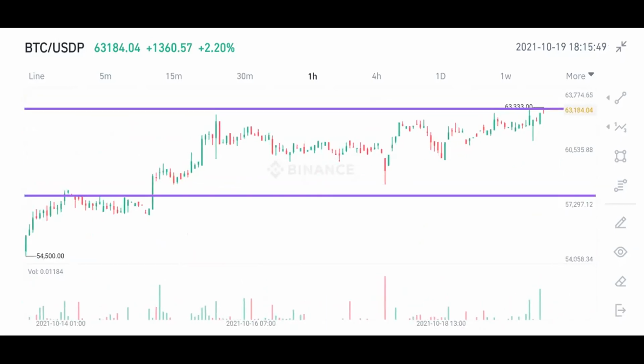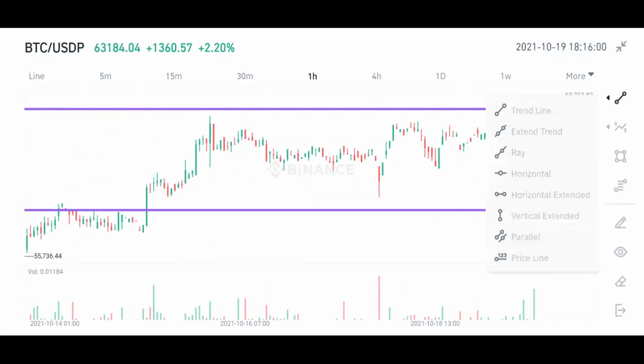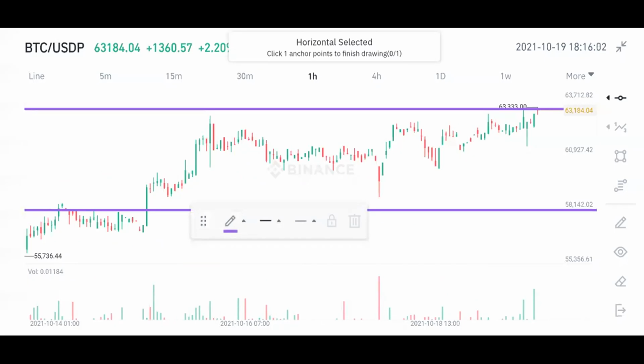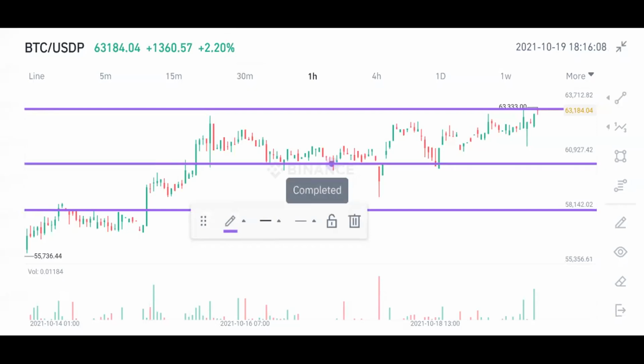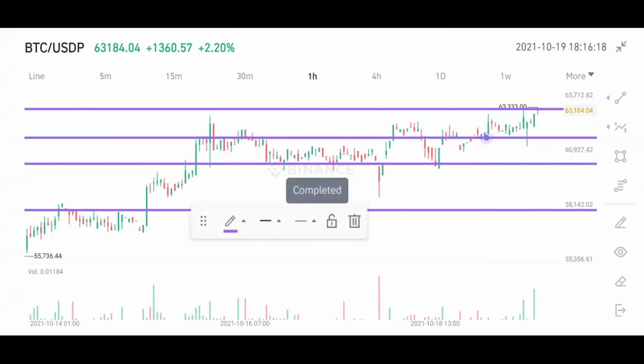Even though we have a lot of psychological zones on 1 hour, you can just pick 1 or 2 of them that are very conspicuous, which are this. Yeah, it's a good zone. You can also pick this. Don't mind me, I'm just seeing them because I'm used to them. By the time you practice, you will be able to see them.